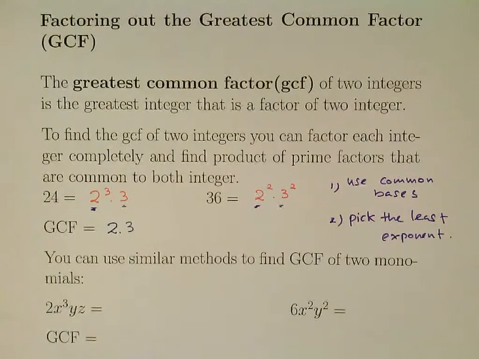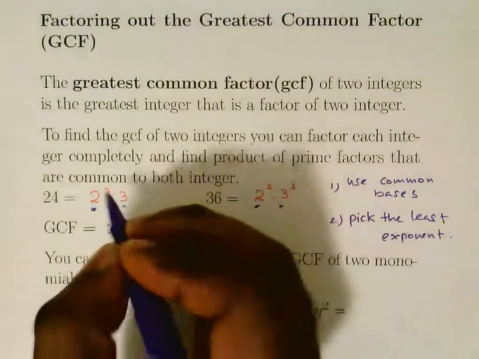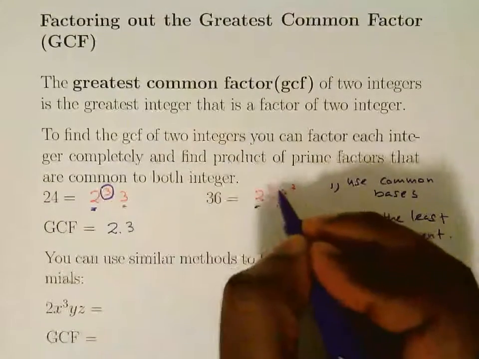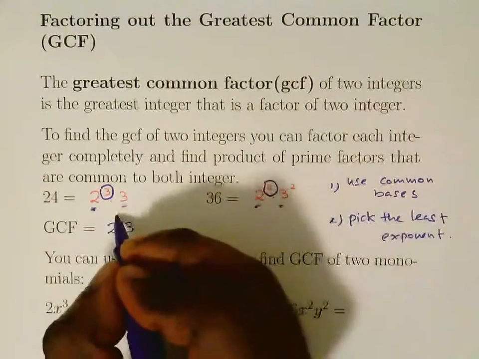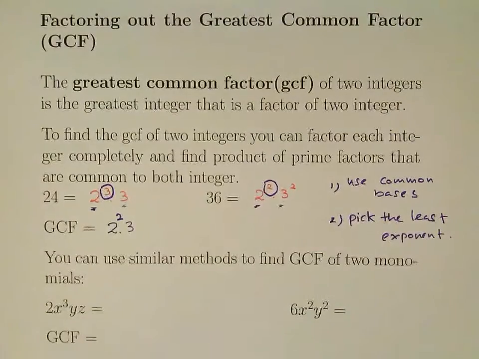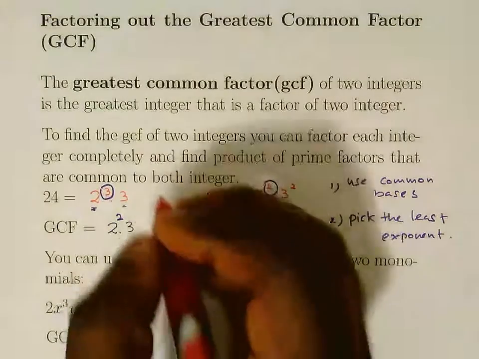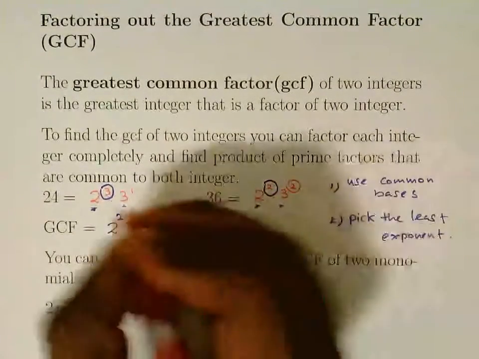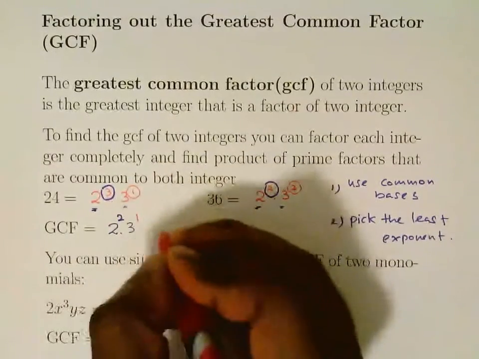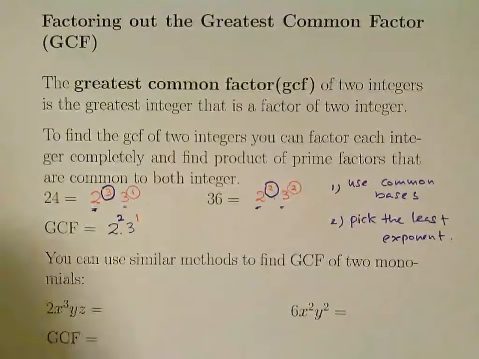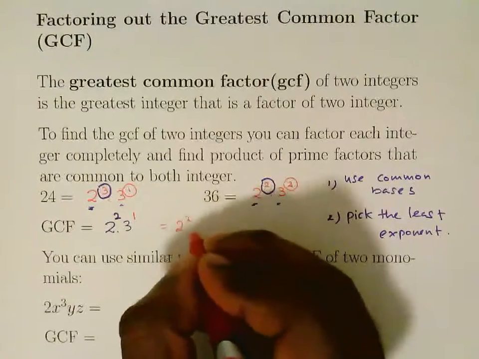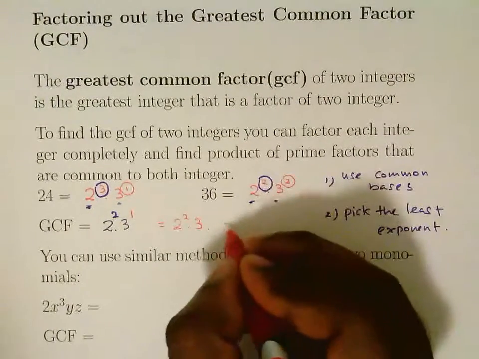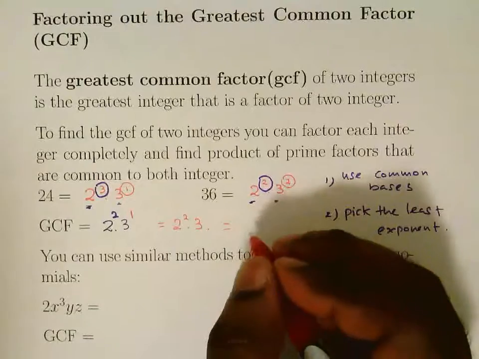So for base 2 we have 3 and 2, the least exponent is 2. For base 3 we have 1 and 2, the least exponent is 1. So the greatest common factor is 2 squared times 3. In this case it's 12.